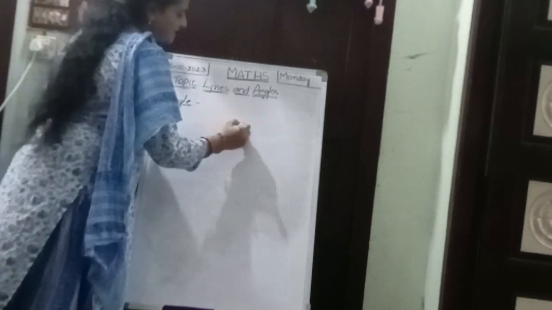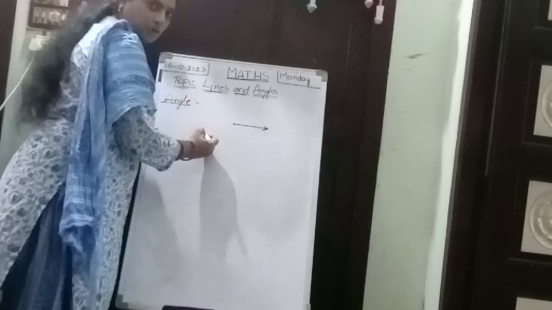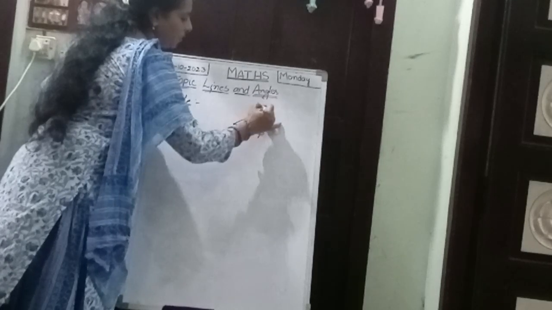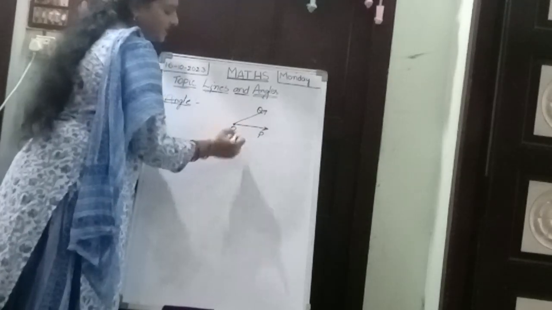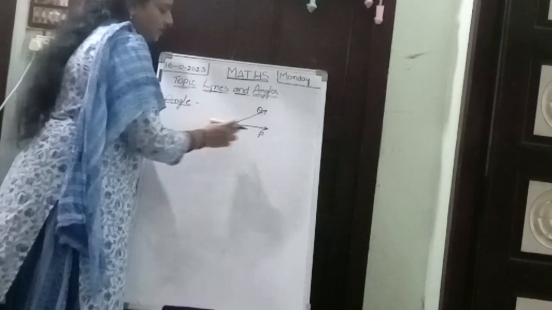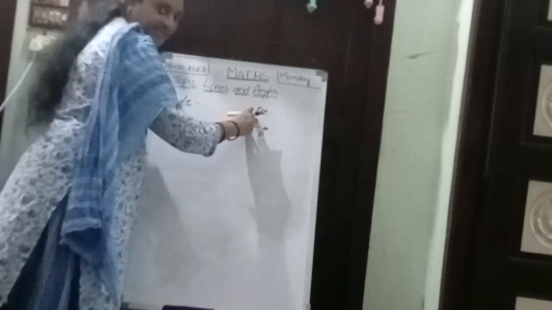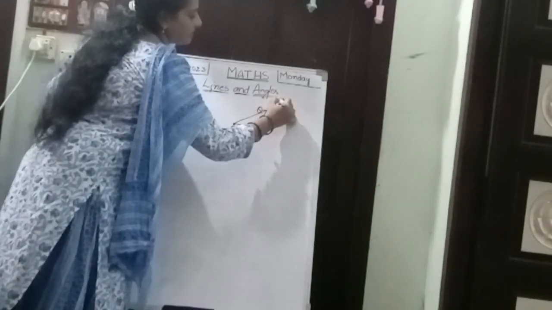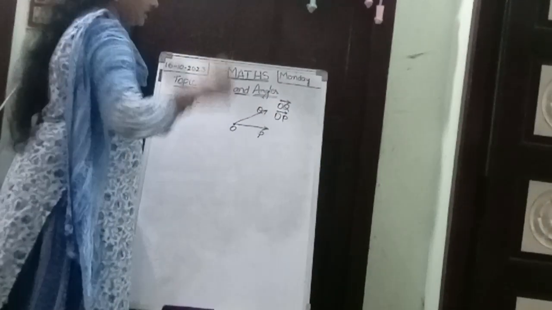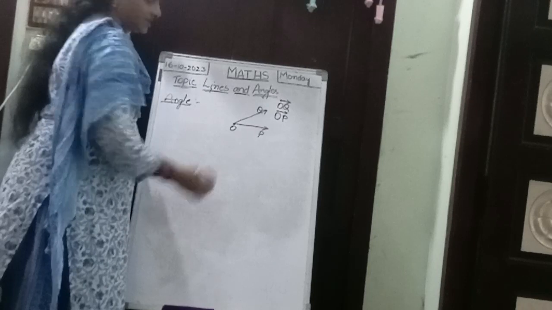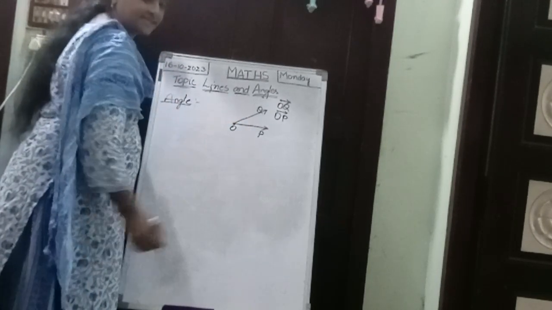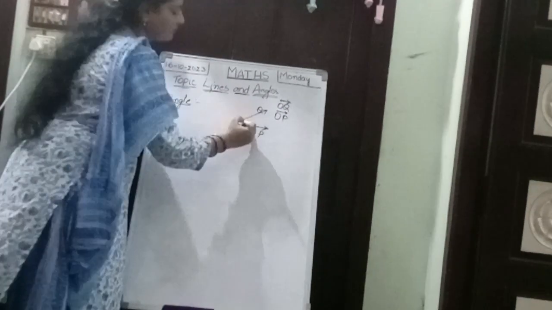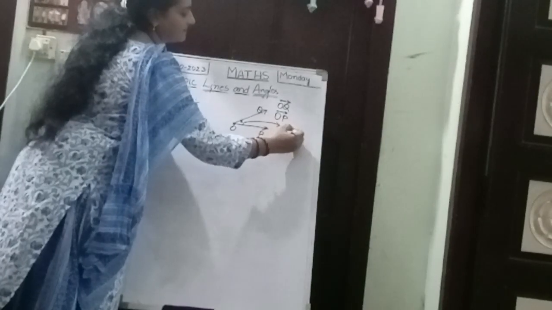If you take two rays like this, I am giving names as OP and OQ. The common vertex is O, and this is P, this is Q. These two are rays, ray OQ and ray OP. When you take two rays having one common vertex, the gap that appears here we call an angle.